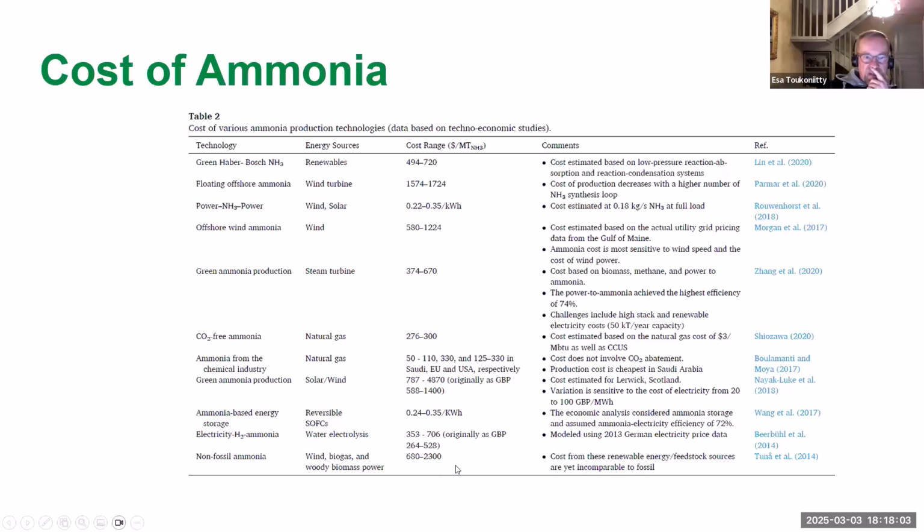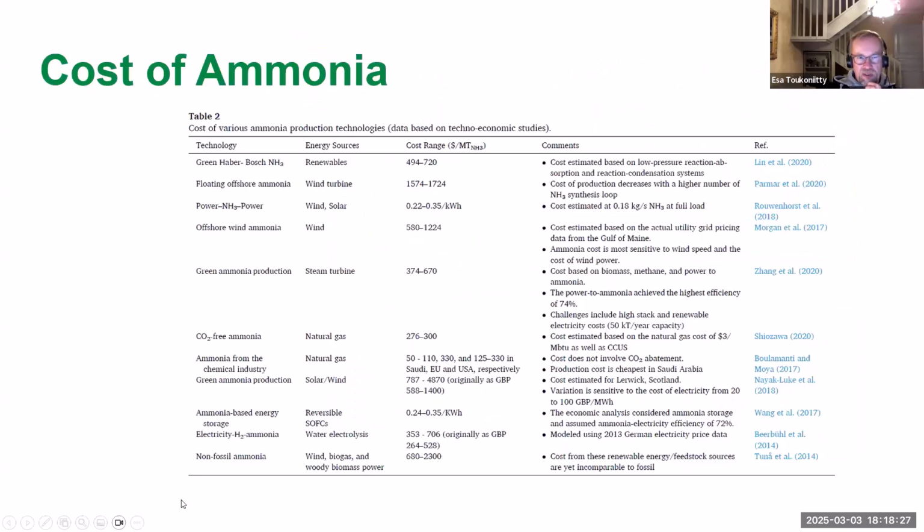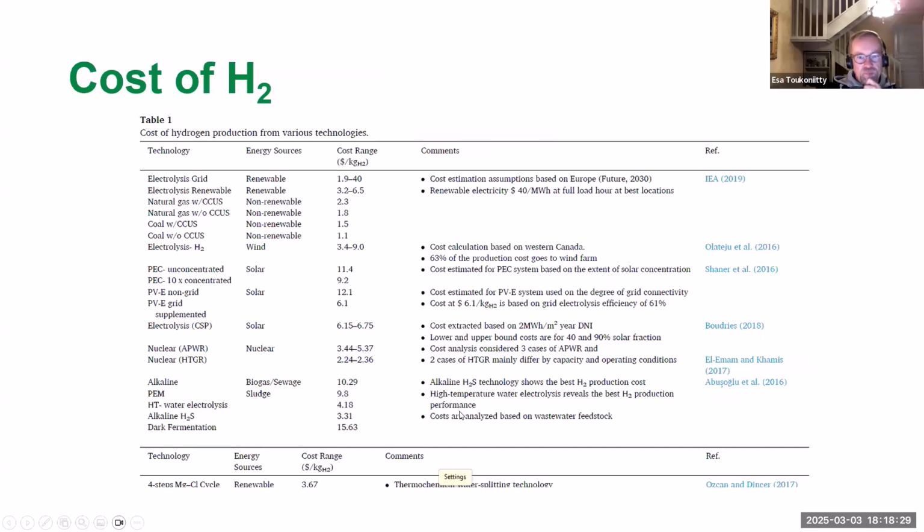So it can vary quite a lot. Here are figures if you are interested in seeing the difference in different production methods or different energy sources and so on. I think these all come from Article 18, if I'm not mistaken.